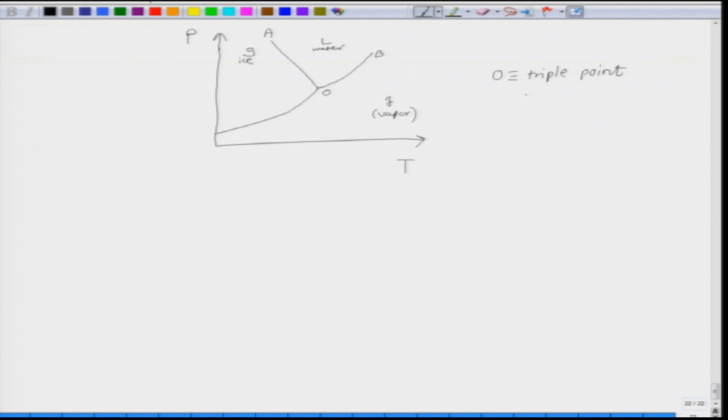So, at the triple point solid, liquid and vapor, all three phases coexist in equilibrium. So, this is at around 0.0075 degree centigrade and 0.006 atmosphere.